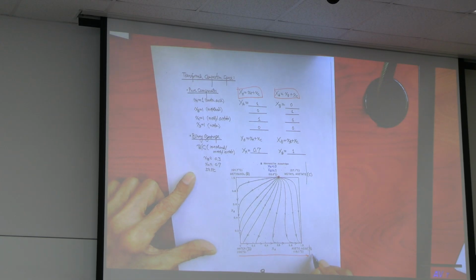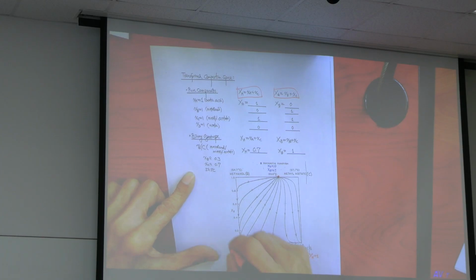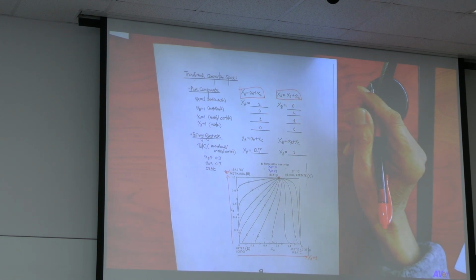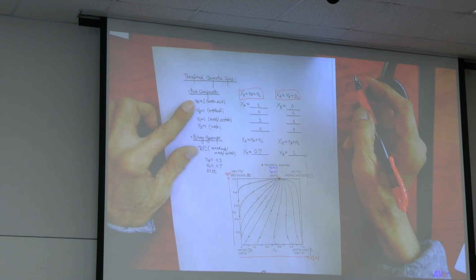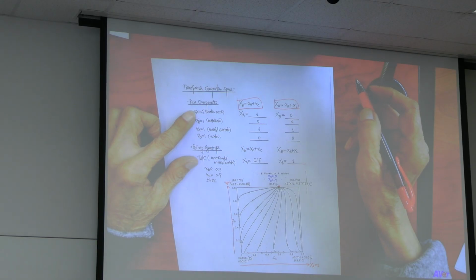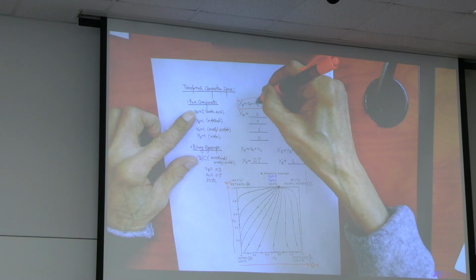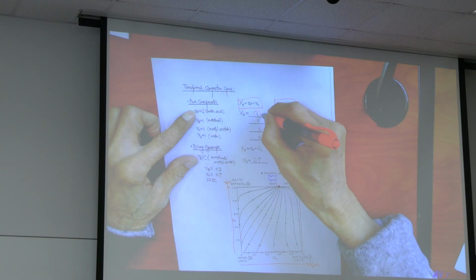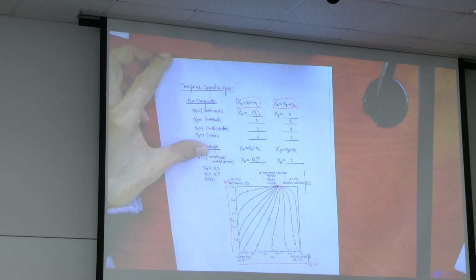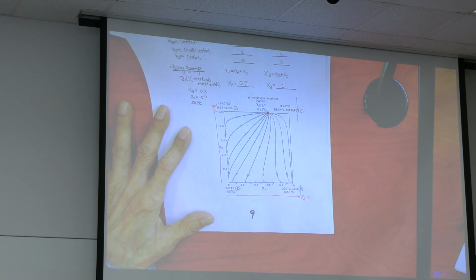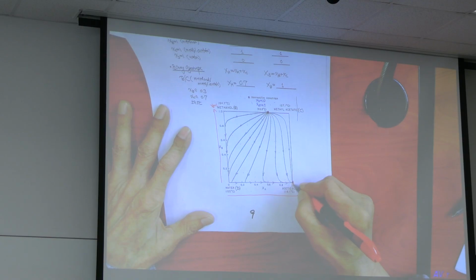This is XA equal 1. This is XB equal 1. Pure A, XA is 1, no C. That means on this diagram, acetic acid is here.